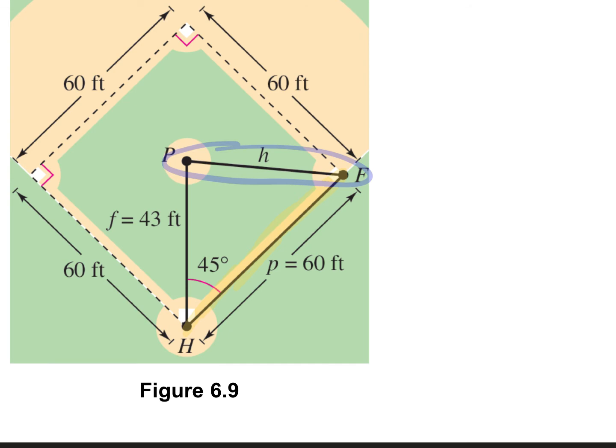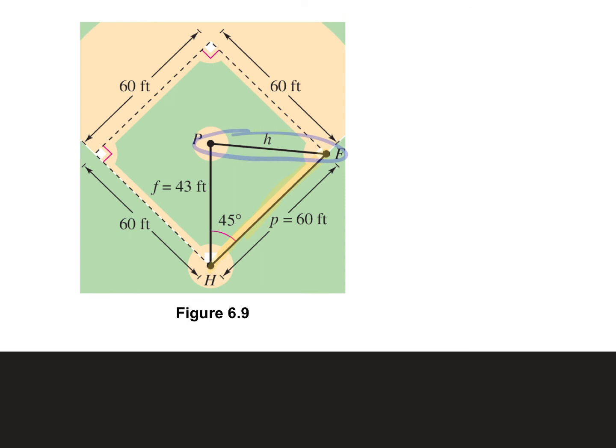That's what we're looking for, H. So how do I go about doing this? Can I use the law of sines? No, I have to use law of cosines. Am I looking for an angle measurement or a side length? A side length. So what formula would I use if I'm looking for a side length?